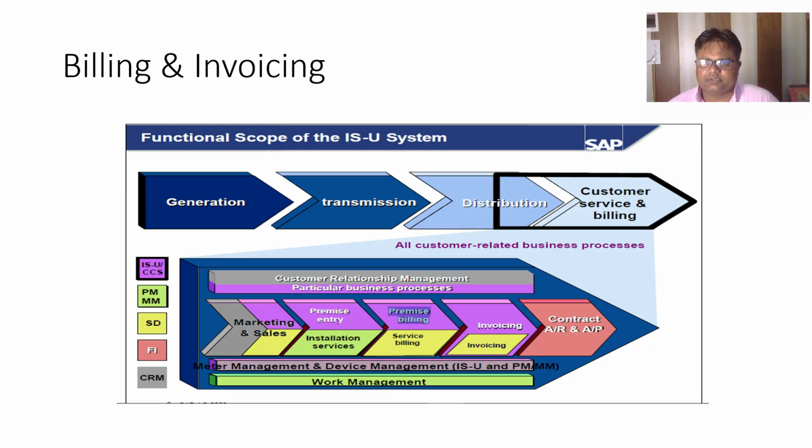If we are taking meters, we are maintaining the stocks. Suppose we are taking meters against purchase requisitions, we have to create the purchase requisition. Then against the purchase requisition, we have to create the purchase order.